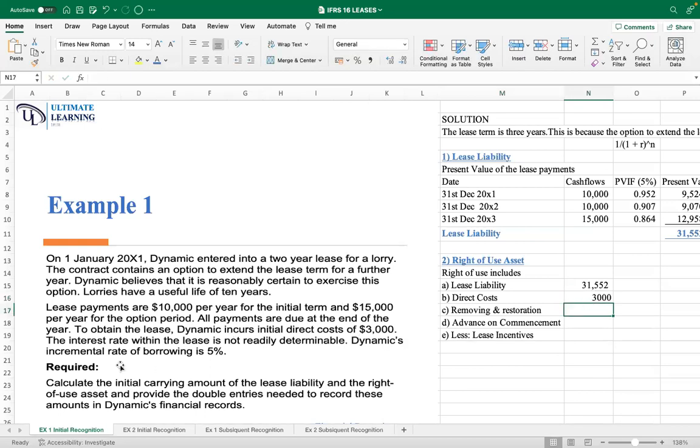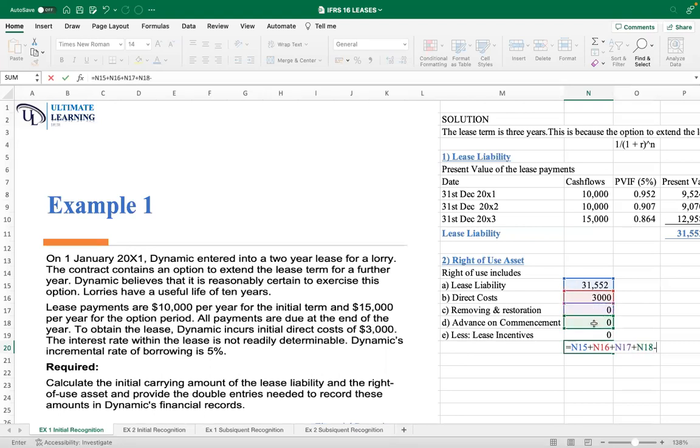Next, the interest rate within the lease is not readily determinable. So there are no removing costs, it is 0. There is no advance, and there are no lease incentives. So what is the total? That plus 3,000 plus 0 plus 0 minus 0.